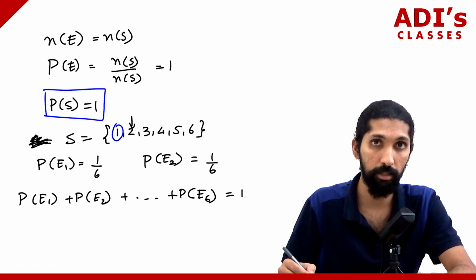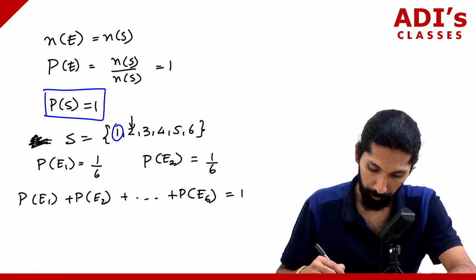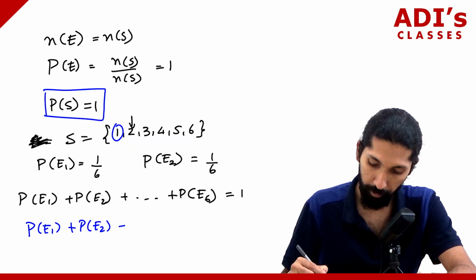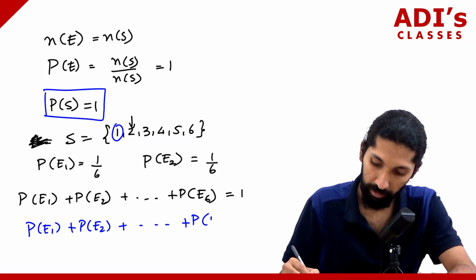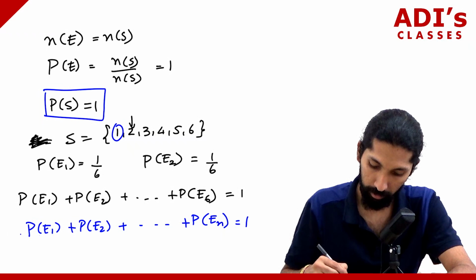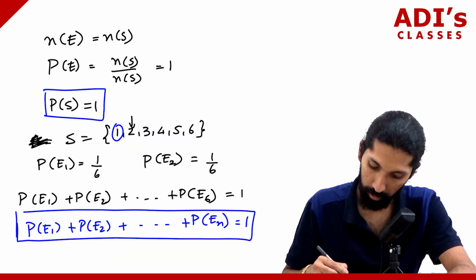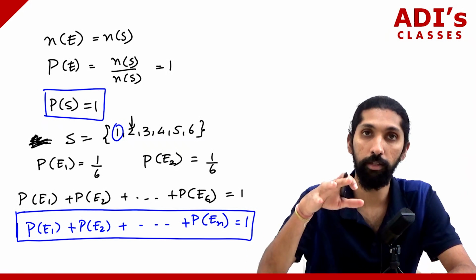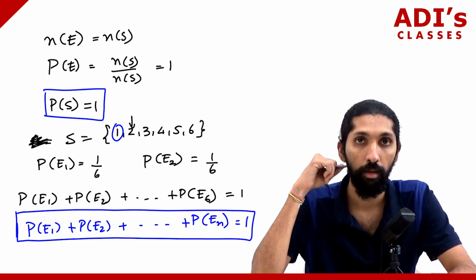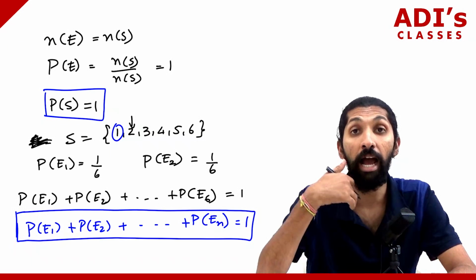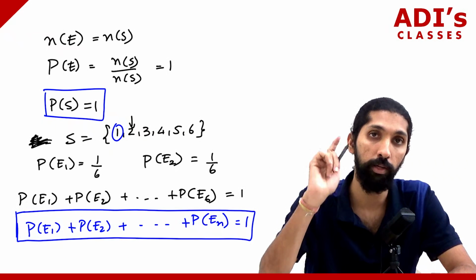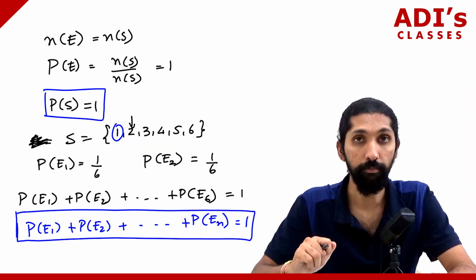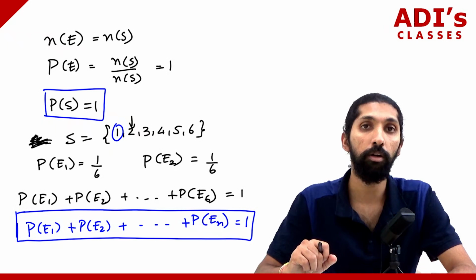Now, if you generalize this, we get P of E1 plus P of E2 plus P of E3 till P of En is equal to 1. This is one of the results of the empirical formula we have derived. Add everything, and here you will get 1. Understood, right?